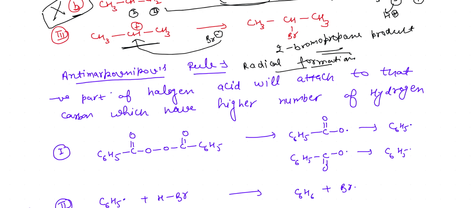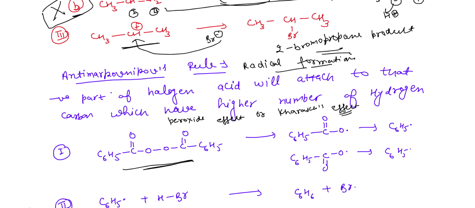In the case of the anti-Markovnikov rule, we are using benzoyl peroxide as well. This anti-Markovnikov rule is also known as the peroxide effect, because of the peroxide, and it is also known as the Kharasch effect. The Kharasch effect is named after the scientist Kharasch.